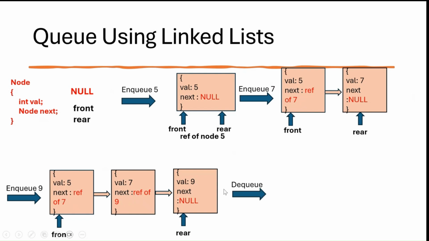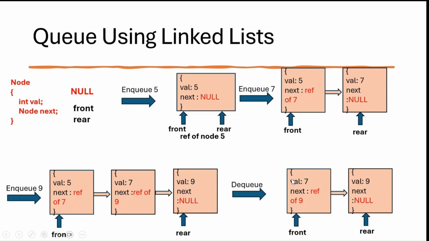And when the DQ happens, the front node will be deleted, and front will point to the next of the node which got deleted. The next of that node is the reference of 7, right? So front will point to 7, and rear is at the 9 node, the node of value 9, right?